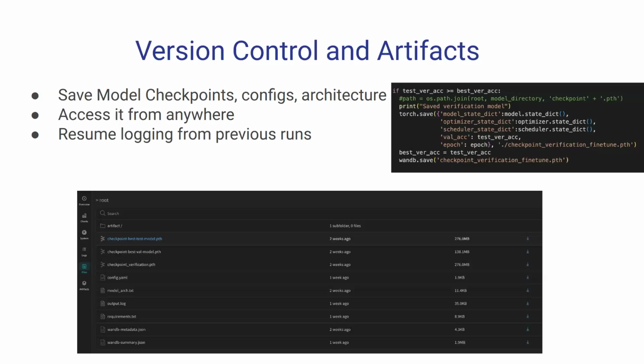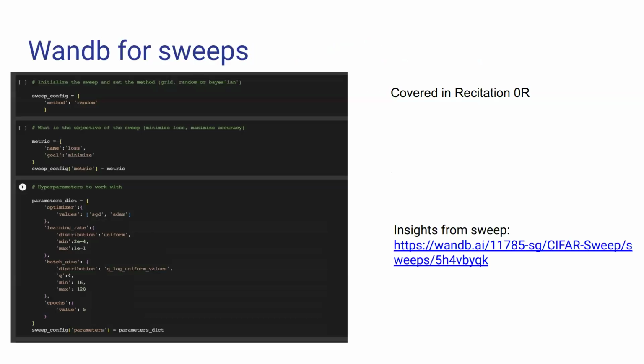And if you don't have a model, that could be an issue. And W&B, I think, provides you with a certain amount of storage to store your models. And there are also facilities regarding resuming your training. You can look at the W&B recitation that we have for more information surrounding this.